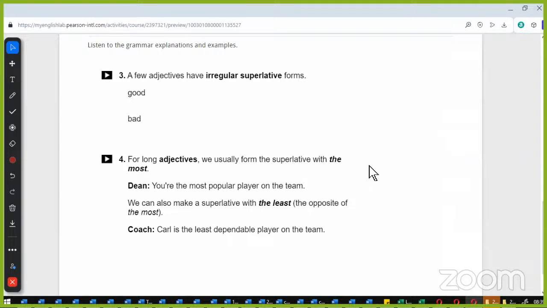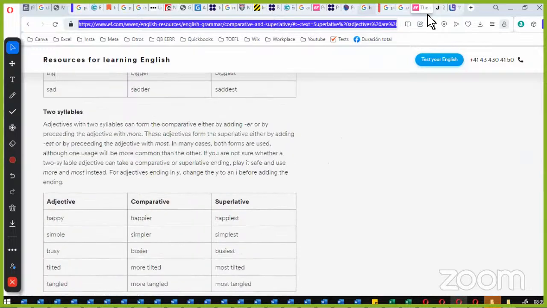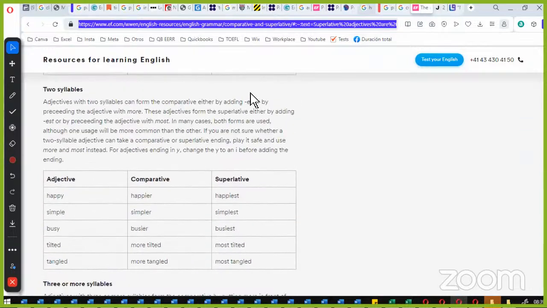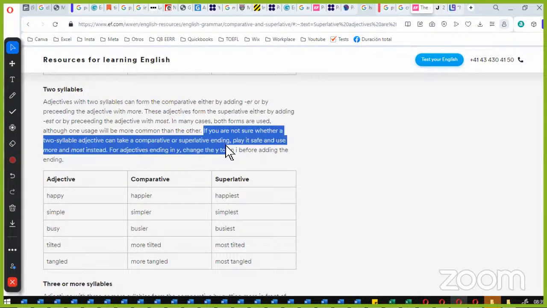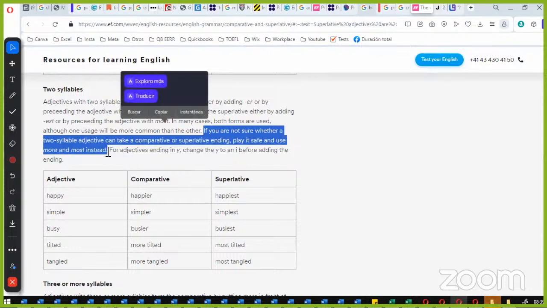When you go to the web, in the second rule, two syllables, it says if you are not sure whether a two-syllable adjective can take a comparative or superlative ending, use more and most. So can I say more happy, for example, or not?